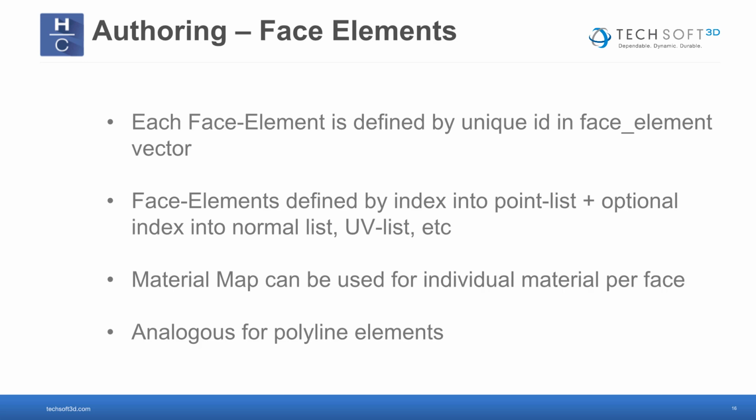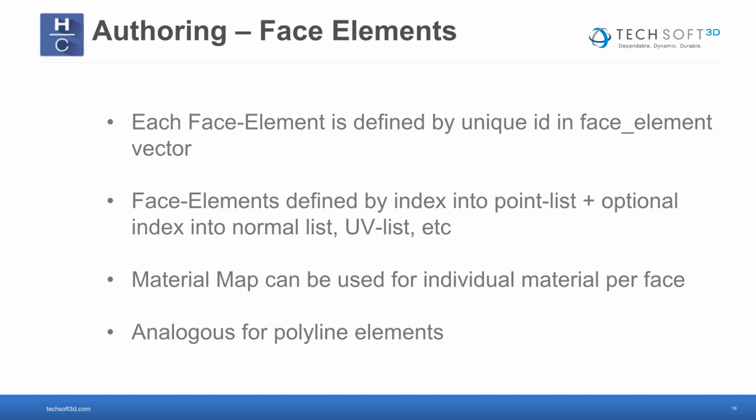Okay, so now that we've talked about that, I want to talk a little bit about those concepts that we discussed with the elements. So we have the face elements, and kind of what that means and what it looks like. We see here each face element is defined by a unique ID in the face element vector. So what this means is that when you create a particular face element, the ID is sort of where it exists in that array of face elements.